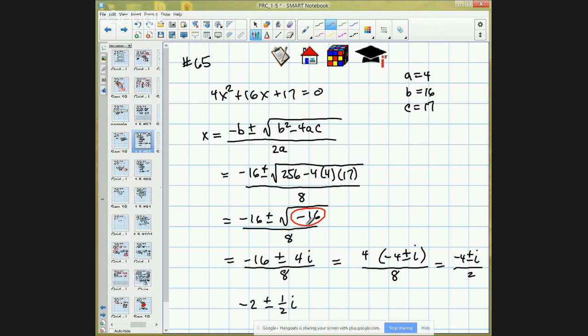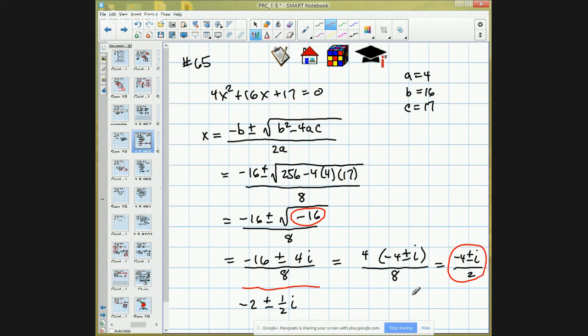Break that down as negative 1 times 16. Square root of negative 1 is i. Square root of 16 is 4. So this is 4i. So now we can write it like this. And then you can factor a 4 out of the top and do a little canceling. We're still not quite done.